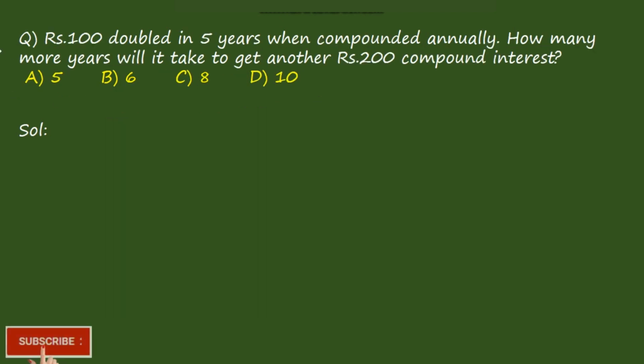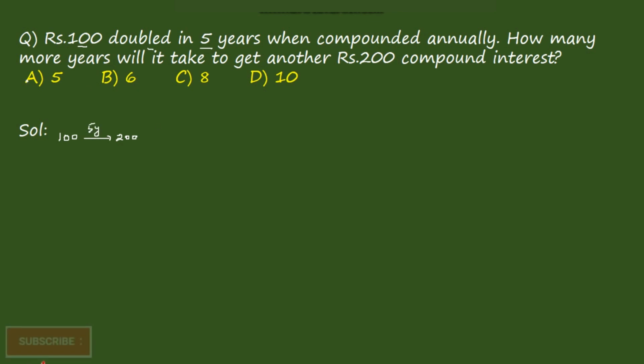Come to next question. Rupees 100 doubles in 5 years when compounded annually. How many more years will it take to get another 200 rupees compound interest? Okay, first understand the question. It is saying that rupees 100 doubles in 5 years. So it is given that 100 will become double, means it becomes 200 in 5 years, right.